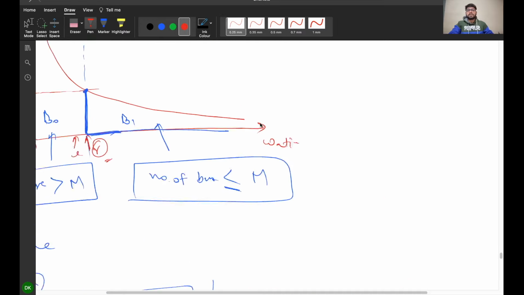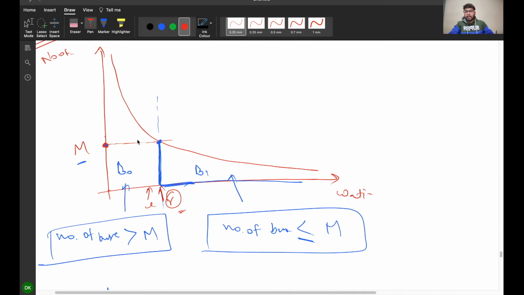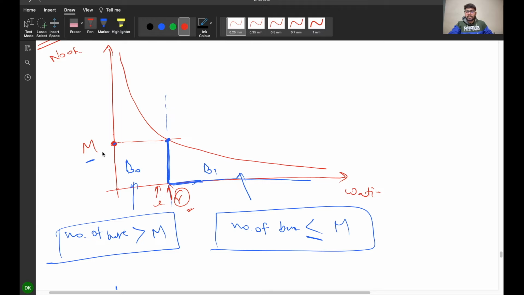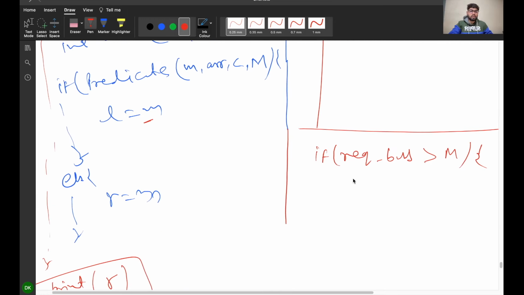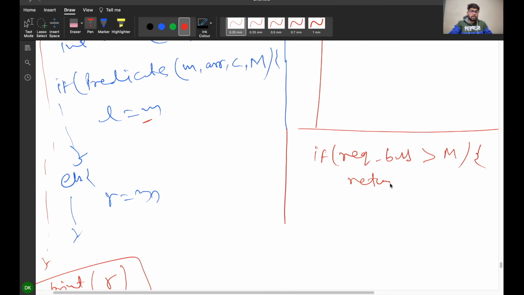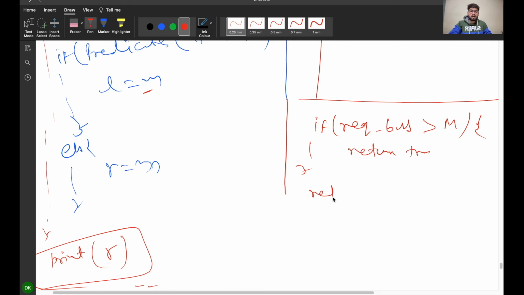Which region am I in? If the required number of buses is greater than the given buses, then I am in the B0 region, so for B0 I return true, else I return false.